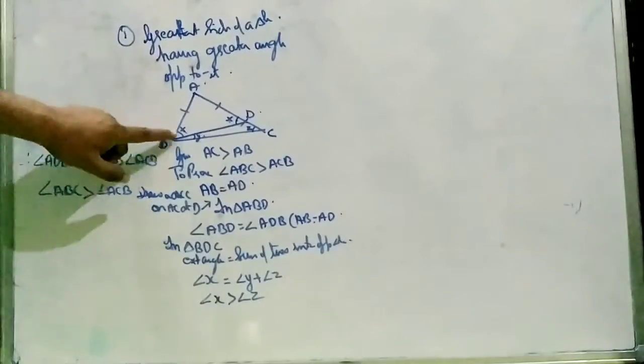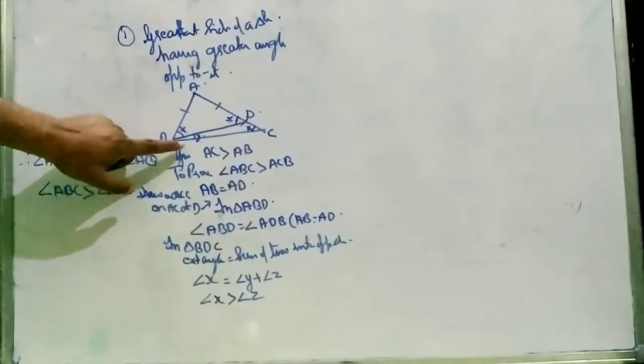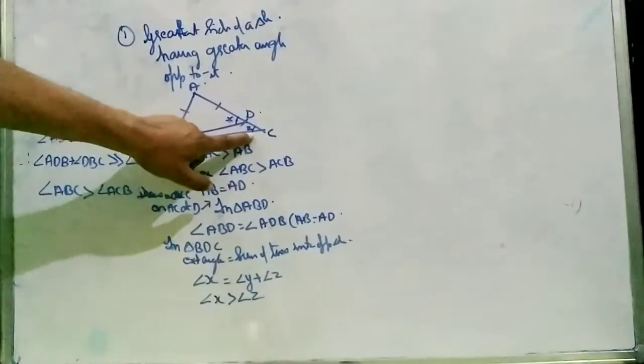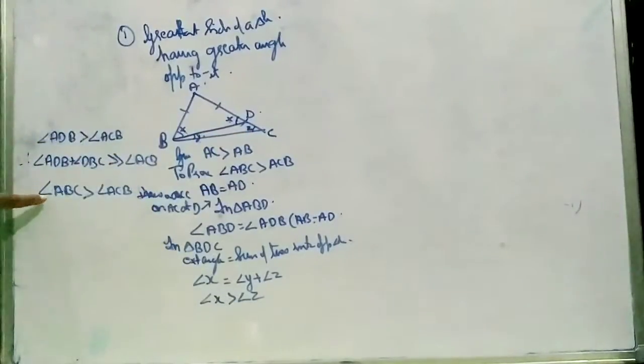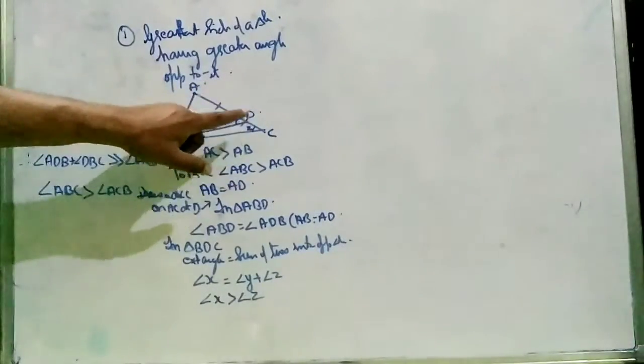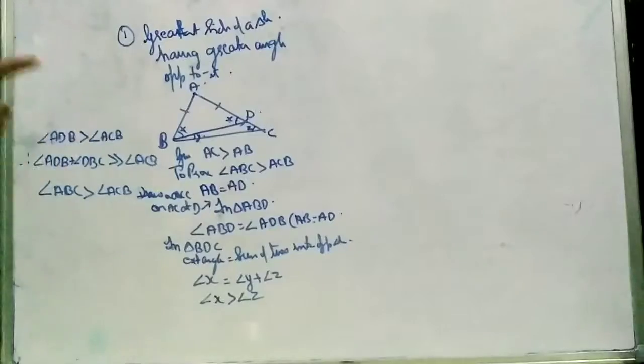This will become much greater when y is added to x also. So x plus y will become much greater than z, which proves that angle ABC is greater than angle ACB. So which shows that if there is a greatest side, the angle opposite to the greatest side will always be greatest.